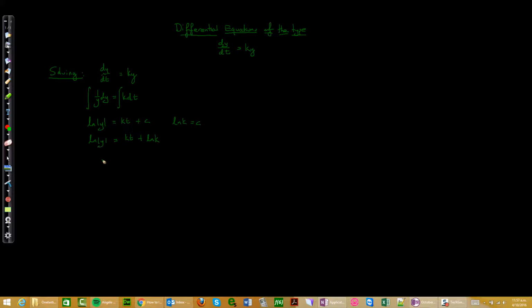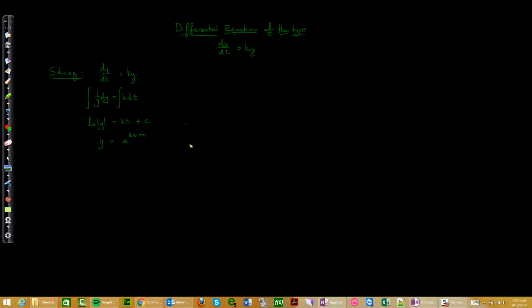Okay, so at this stage, in fact, no, I'm not going to do that at this stage at all. What I am going to do is take the exponential of both sides. So if we take the exponential of both sides, this side will become y, and this side over here will be e to the power of kt plus c.